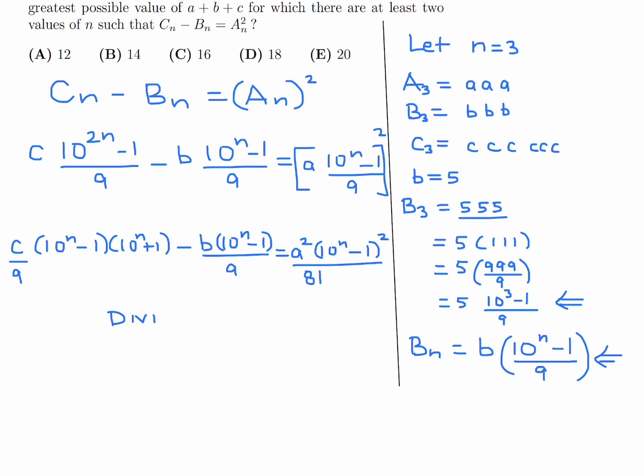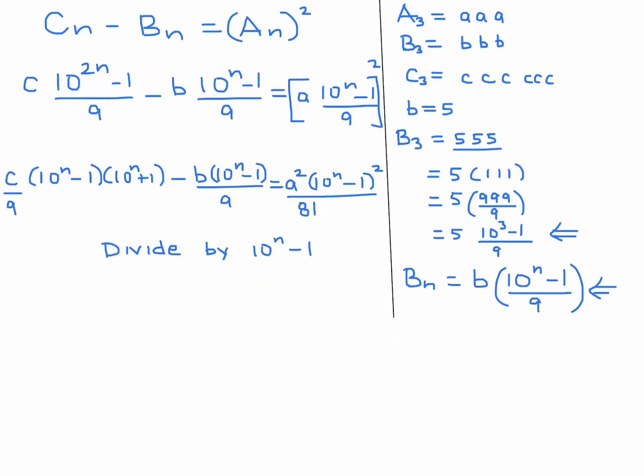Now at this point, we can divide by 10 to the n minus 1 because that appears with everything. And when I do, it's going to be c over 9, just one of these 10 to the n plus 1, because 10 to the n minus 1 will disappear. And then from here, it'll be just b over 9 because the 10 to the n minus 1 disappears. And then here it'll be a squared over 81, and then just one of those will remain, 10 to the n minus 1. Okay.